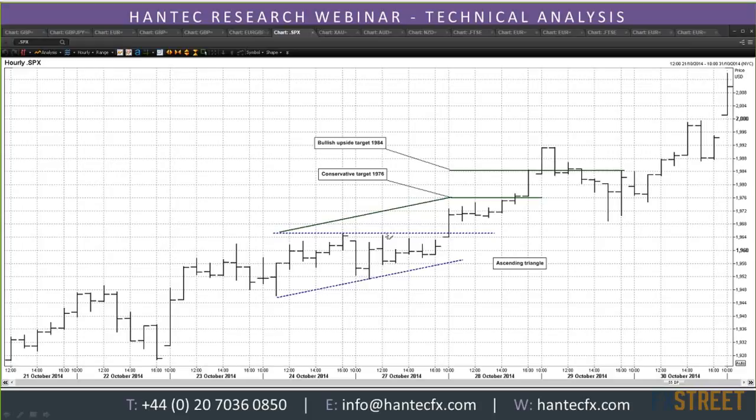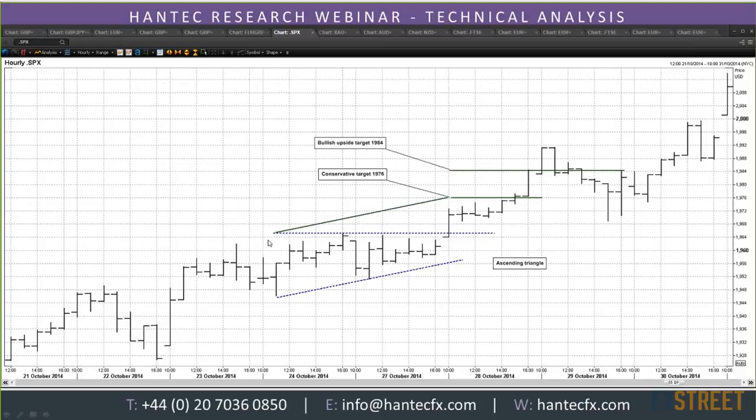Your conservative target you can almost draw in by measuring the slope of the triangle and taking that from the breakout. Or you can do it another way, which is your maximum upside target, your measurement of the triangle height projected higher.